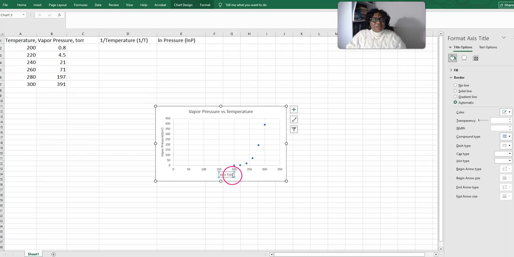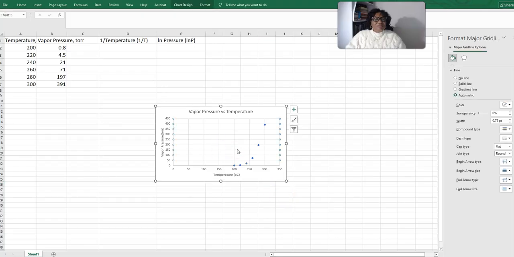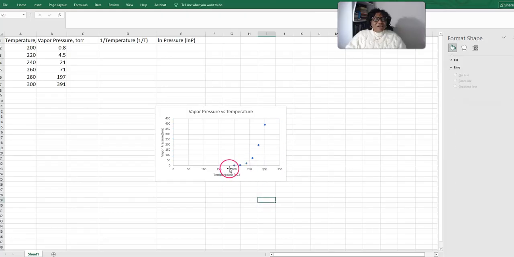Then we'll label the x-axis, which is temperature, in degrees Celsius.